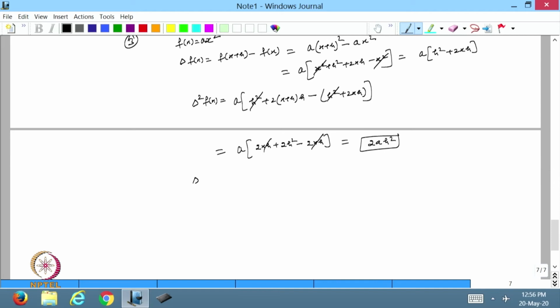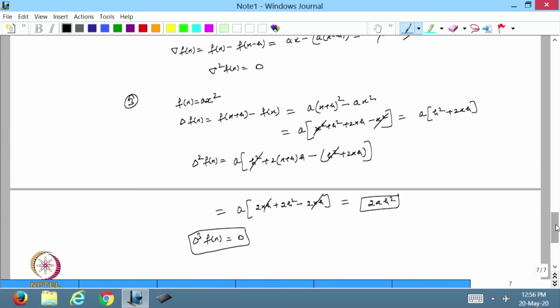Now, if I apply this operator a third time, its value will be 0. So from here I can say that if my function is second order, then I can apply my operator up to second order only, and that will be the constant value. If I apply a higher order operator, more than 2, then all the values will be 0.